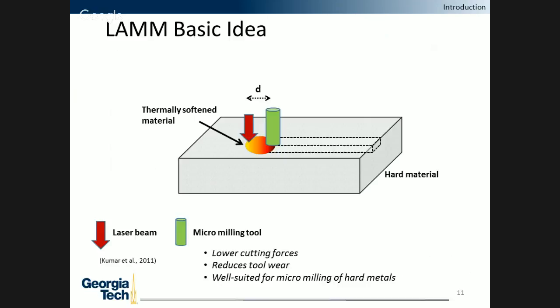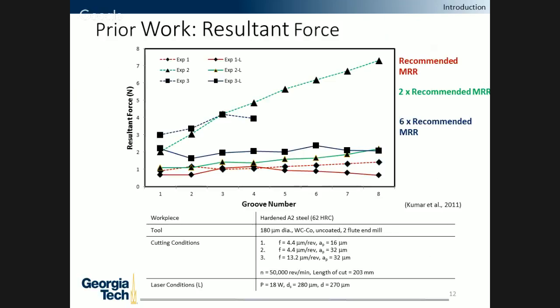It is well known that by heating materials up, you can greatly increase ductility and decrease the amount of stress needed to shear material, and this greatly reduces cutting forces. And by reducing cutting forces, it also greatly reduces wear. As has been shown in many studies, this is very well suited for difficult to cut alloys or hardened alloys, which we focus on in this thesis presentation.